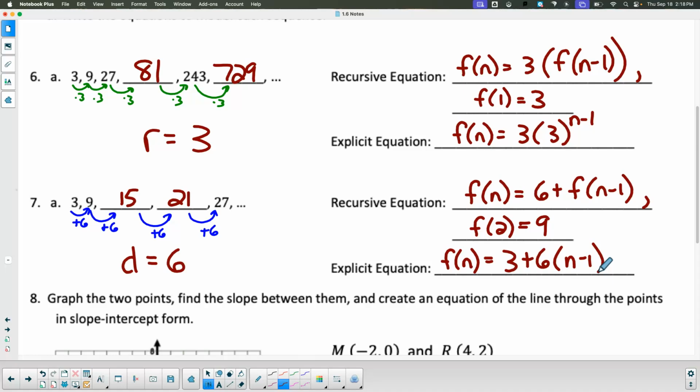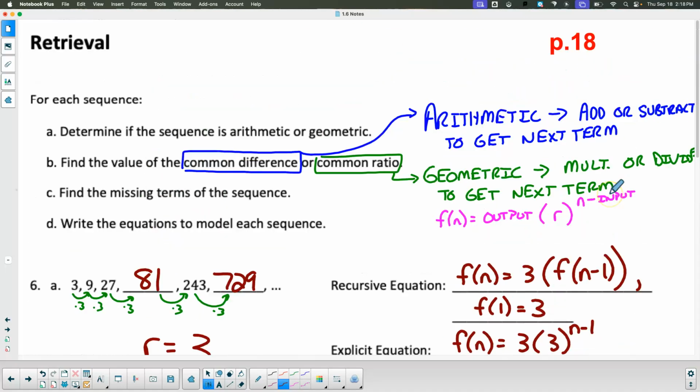Because remembering, up here in an arithmetic, our explicit equation is going to be our output plus our common difference d times n minus the input. Okay?